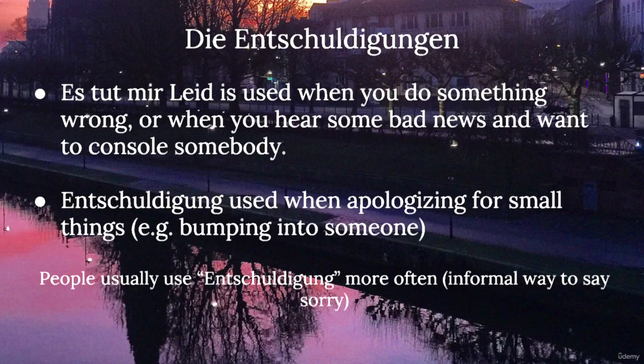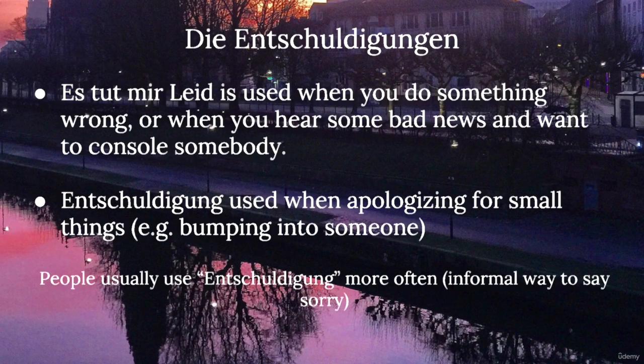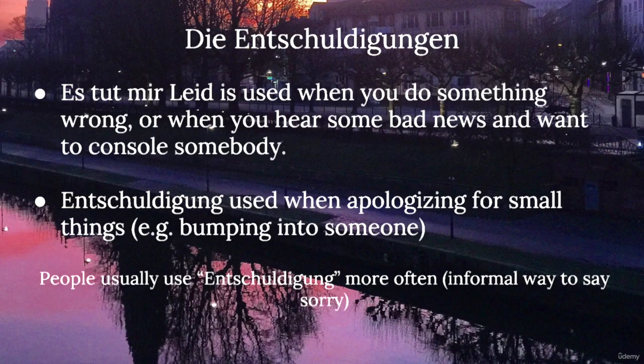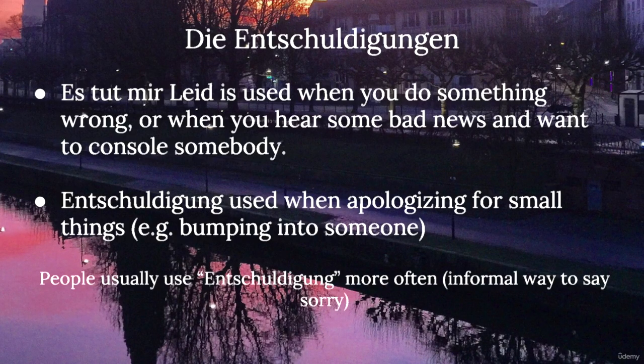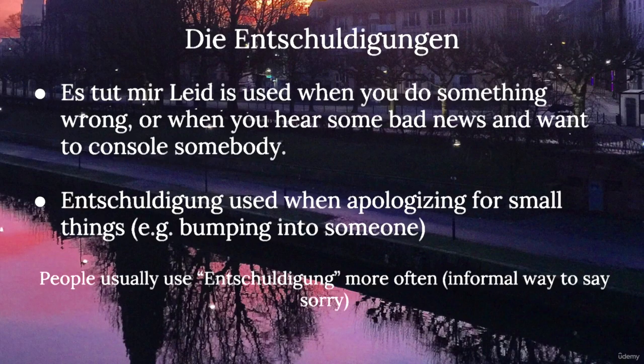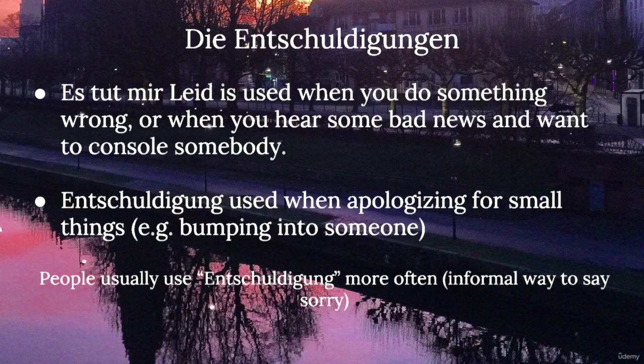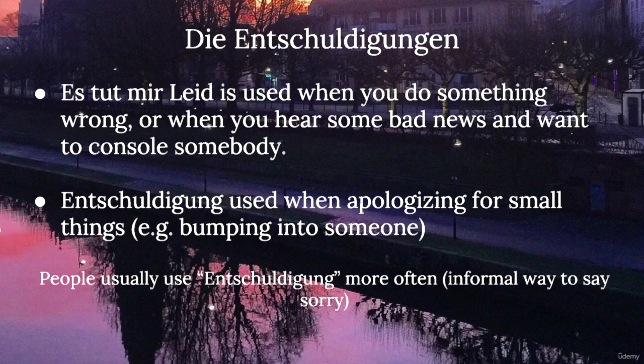At the beginning, it might be hard to understand the differences between es tut mir leid and Entschuldigung. But you don't have to worry about it. It's actually simple. Es tut mir leid is usually used when you do something wrong, or when you hear some bad news and you want to help your friends to feel better.